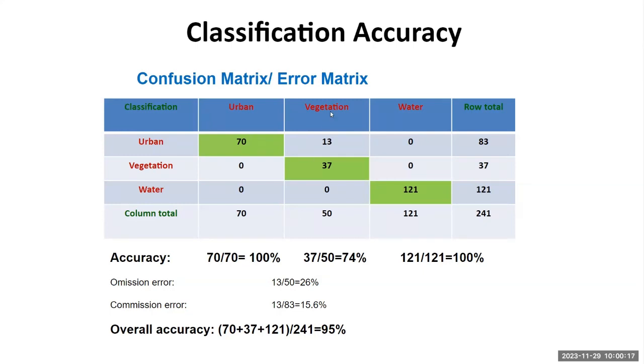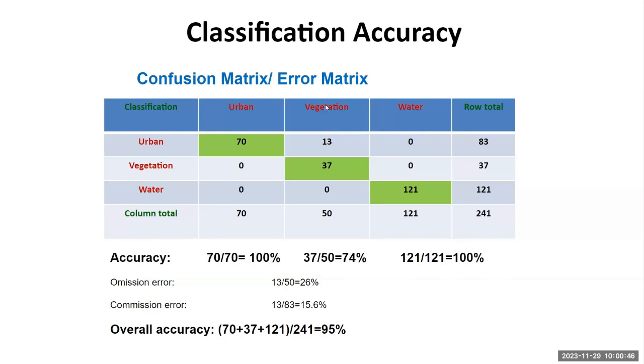Now for vegetation, the situation is a bit different. The column is the truth, so we have a total of 50 ground control points for vegetation. Out of those 50 points, 37 were correctly mapped as vegetation, but the remaining 13 were mapped as urban, because in the row we have 13 in here.